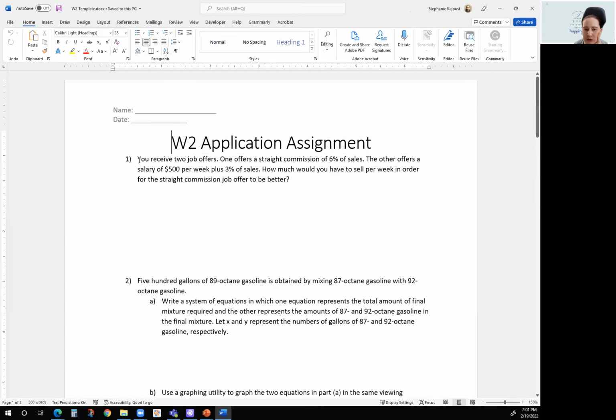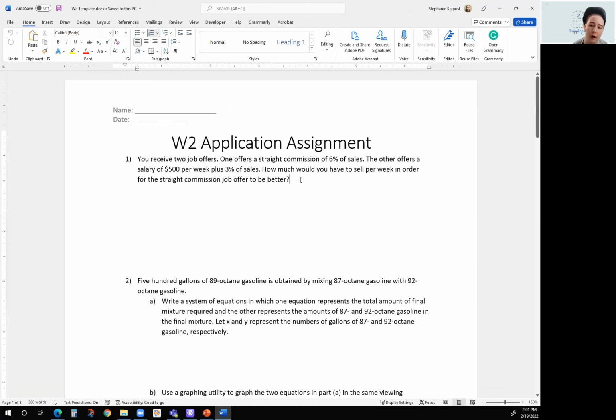Okay, so for this first one, if you are not given variables to use, like this one says it gives you X and Y, you need to pick your letters, but you need to tell me what your letters stand for. So if you're going to pick S for sales or C for commission, or whatever you end up picking, you need to tell me what your variables are.